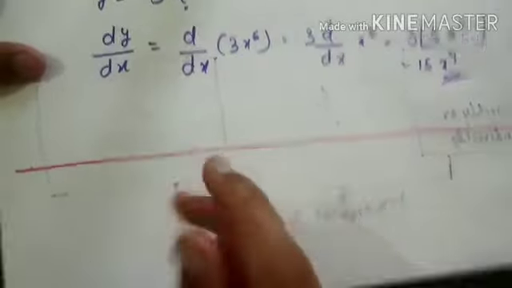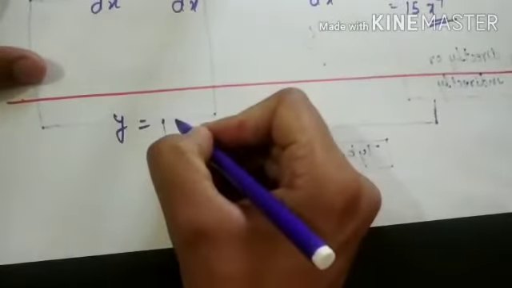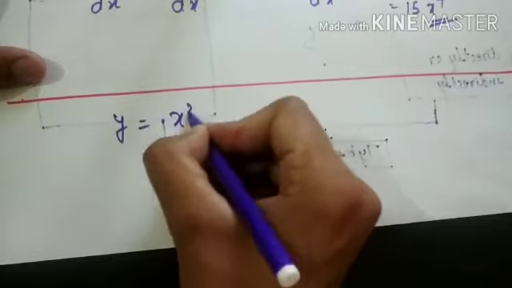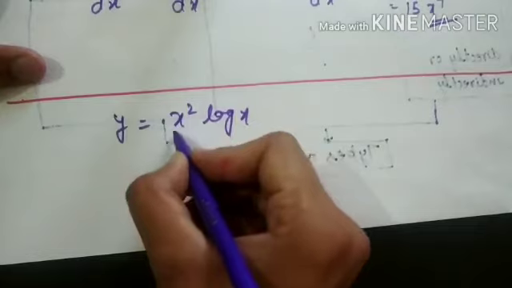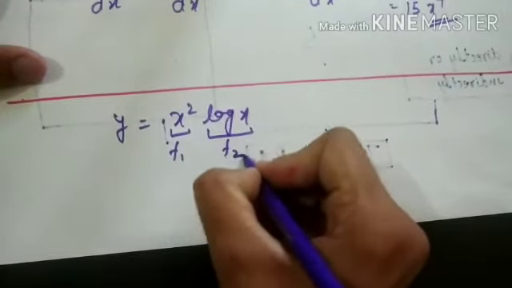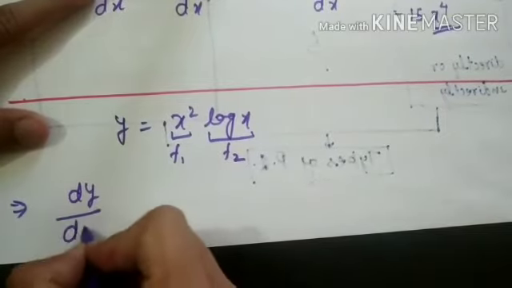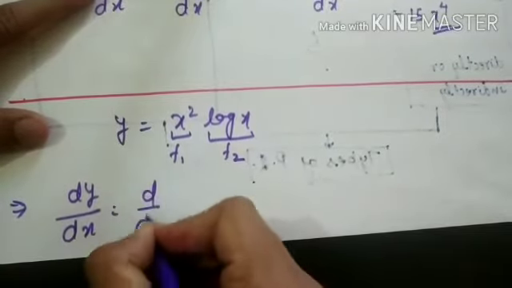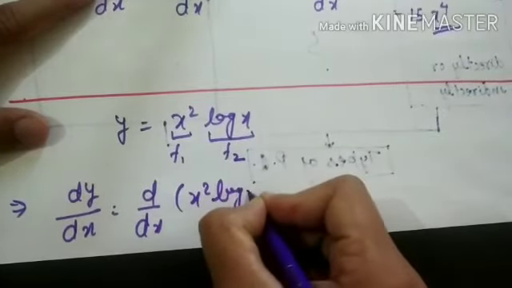Let's see another example where it is given that y is equal to x square log x. It is a multiplication. So we will consider this term as the first function and this as the second function. So the differentiation dy by dx is given by d by dx of x square log x.